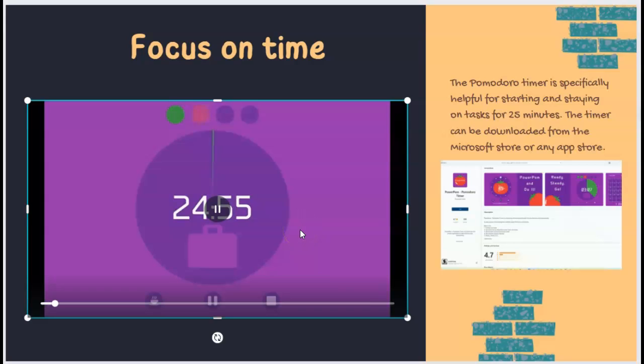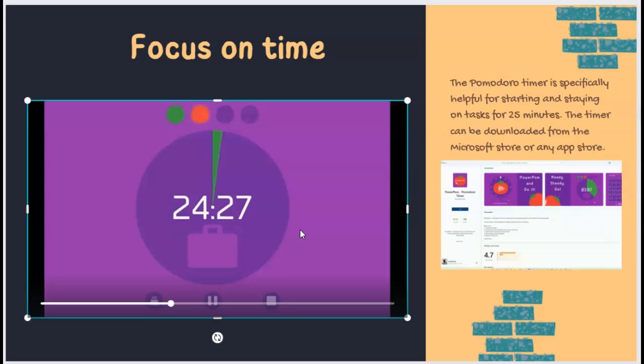As we can see here, we're not going to go the whole 25 minutes, but basically it's on your computer or your screen, and it counts down to 0, and you can look back and forth or just have it up on your screen while you're working. And when it gets to the 0 point, then you take a break.